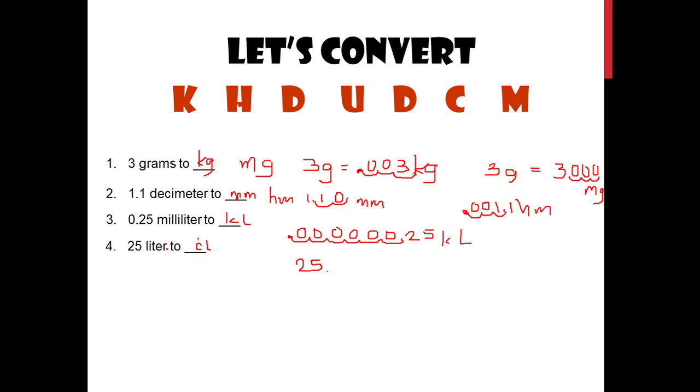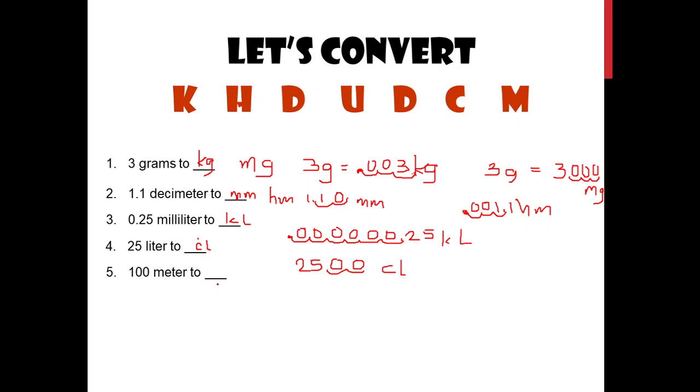So, liter, this is the standard unit, so it's in between. And then I want to convert into centiliter here. So, I'll move from here 1, 2 decimal place. So, my decimal place is here. I want to move 1, 2. So, I'll just add 2 zeros. So, this is now centiliter. So, 25 liter is equal to 2,500 centiliter.